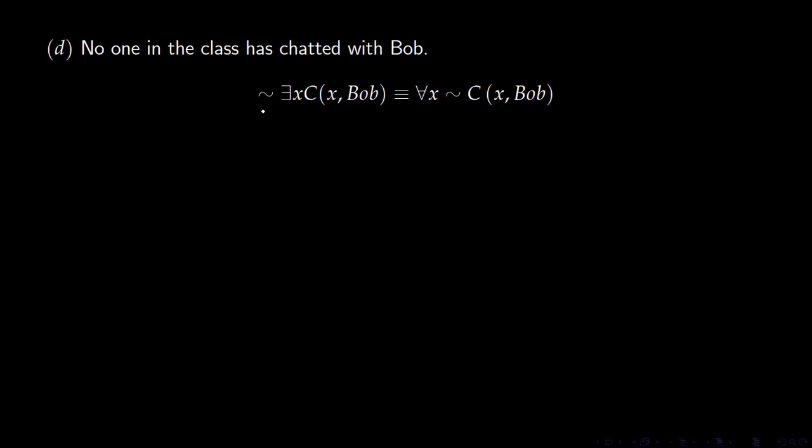So this quantification gives there exists no student in the class who has chatted with Bob, and this quantification gives for all the students x in the class, x has not chatted with Bob. Negation of C(x, Bob) means x has not chatted with Bob.